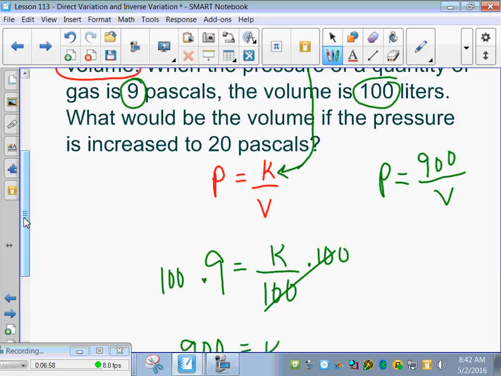What would be the volume if the pressure increased to 20 pascals? So now I have pressure as 20, and I want to find the volume. How do I solve when there's a variable in the denominator like this, Isaac? I would cross multiply. So put this over 1, and now I have 20V equals 1 times 900, so that's 900.